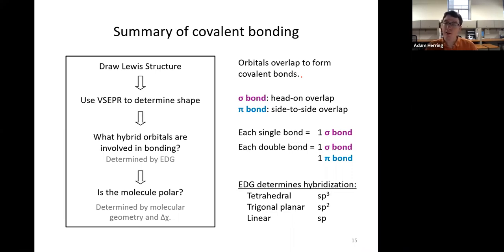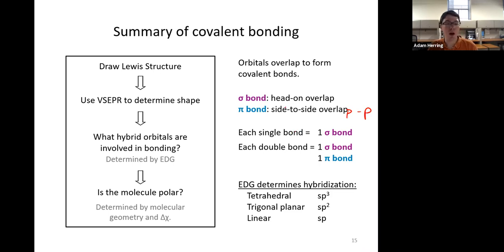To find what bonds are involved to make those bonds, we have to remember that orbitals are overlapping, and those can be either hybridized or unhybridized in the case of the hydrogen atom. Sigma bonds are formed when we have head-on overlap, and pi bonds are formed when we have side-to-side overlap, and that's only possible with p orbitals.